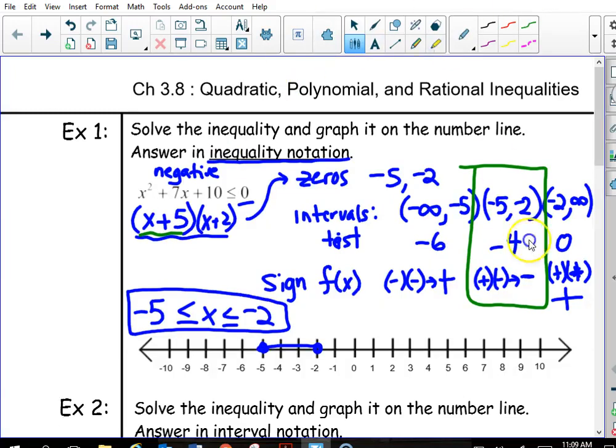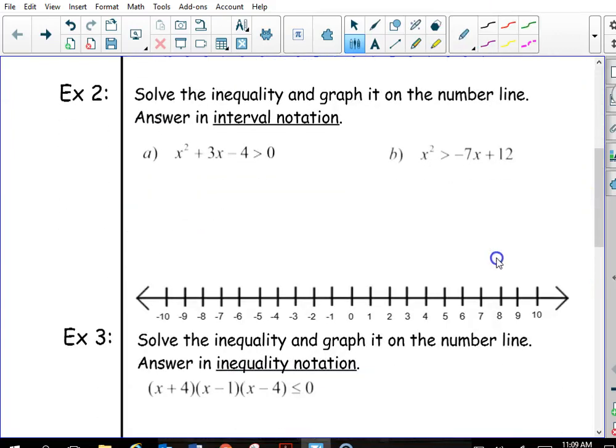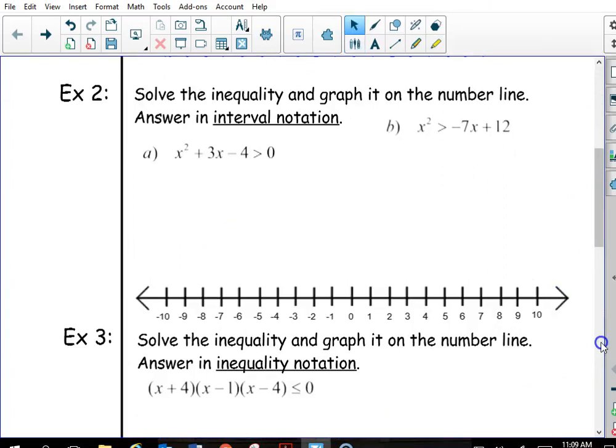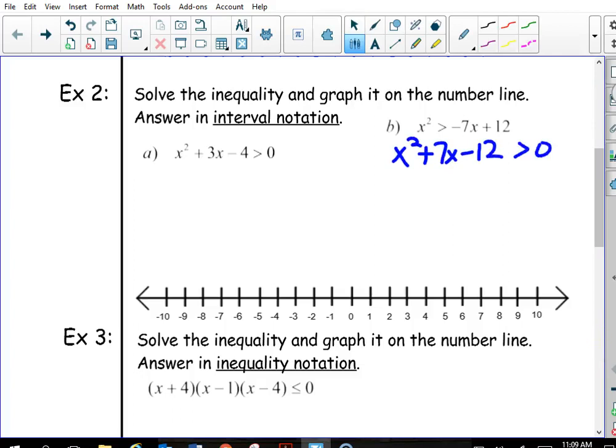Okay, let's take a look at the next example. We're going to solve the inequality. We're actually only going to do A. The only reason I put B there is to see that with a couple of solving steps, you are going to get to something that looks like A. Okay, so always get all your terms on one side if it's something you need to factor.